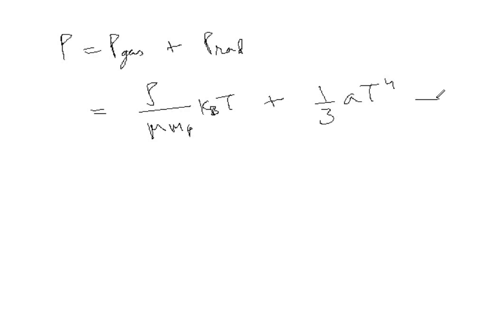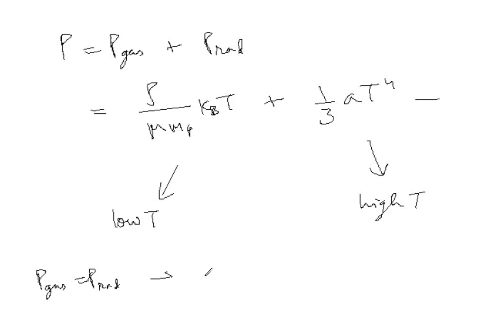We don't have to write the equation number now. Now at low temperature the gas pressure dominates, whereas the radiation pressure dominates at high temperature. Of course you can see this from the temperature dependencies of them. Now these two contributions become equal, so P gas equals P rad.